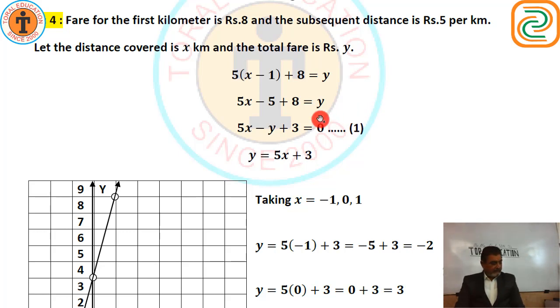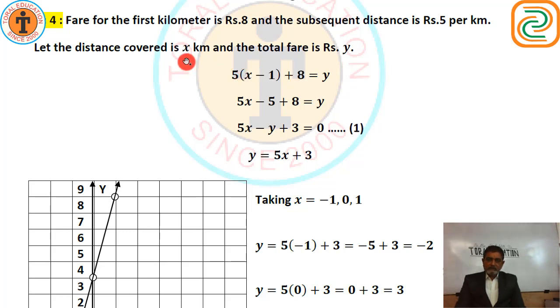First of all, we have to write the linear equation. Fare for the first kilometer is rupees 8 given, and the subsequent distance is rupees 5 per kilometer. Now let the distance covered be x kilometer and the total fare be y rupees. So first kilometer, 8 rupees.